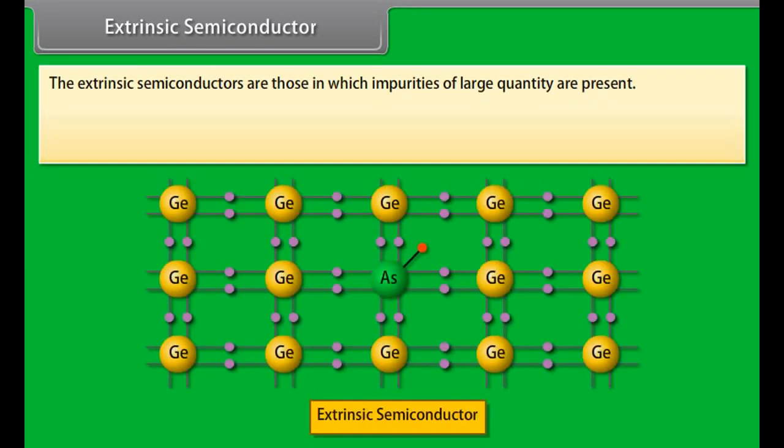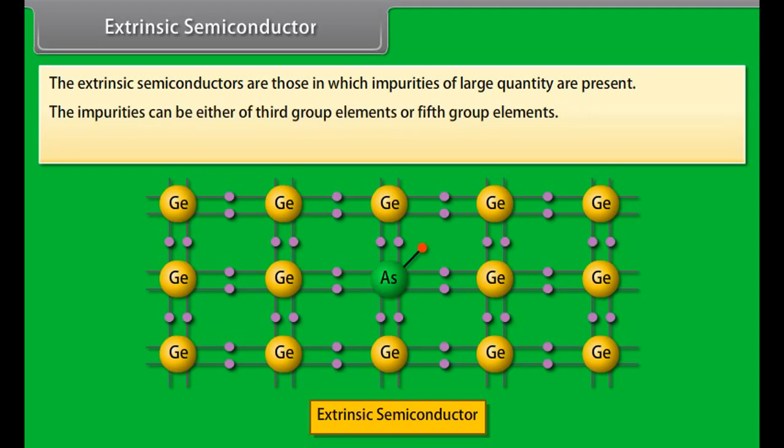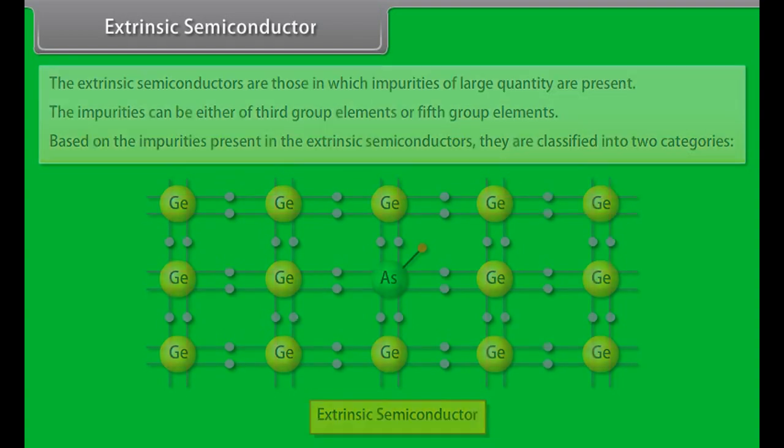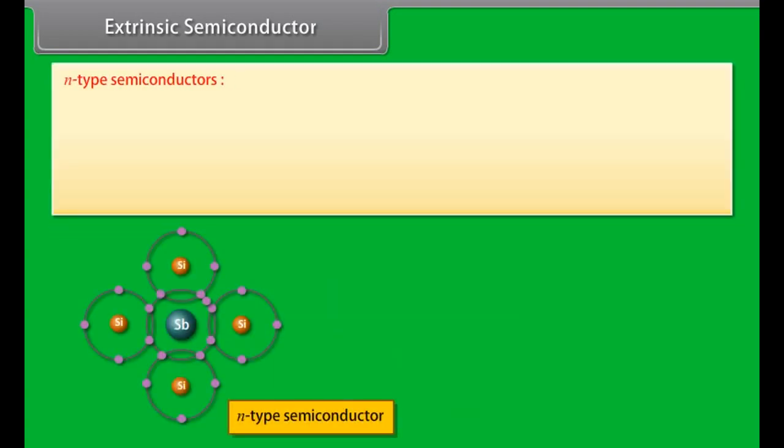Extrinsic semiconductor. Extrinsic semiconductors are those in which impurities of large quantity are present. The impurities can be either third group elements or fifth group elements. Based on the impurities present in the extrinsic semiconductors, they are classified into 2 categories. N-type semiconductor.